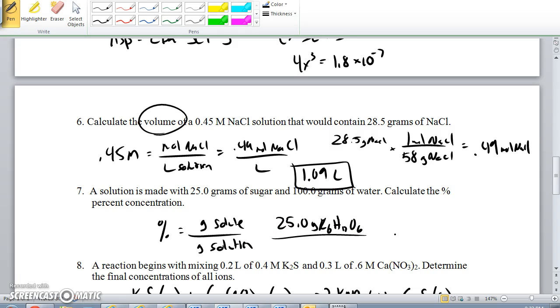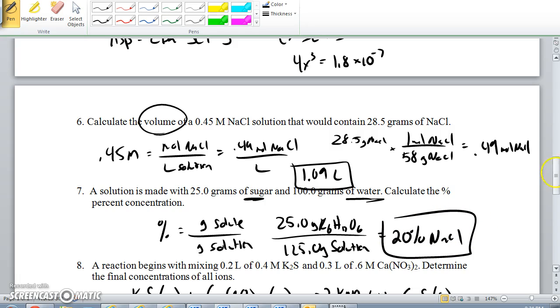Now remember, solution is solute plus solvent. So really, this is 125 grams of solution. So the percent is just 25 divided by 125 times 100, and we get 20% NaCl solution.